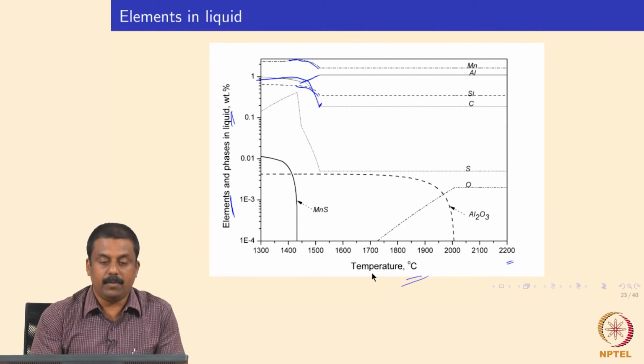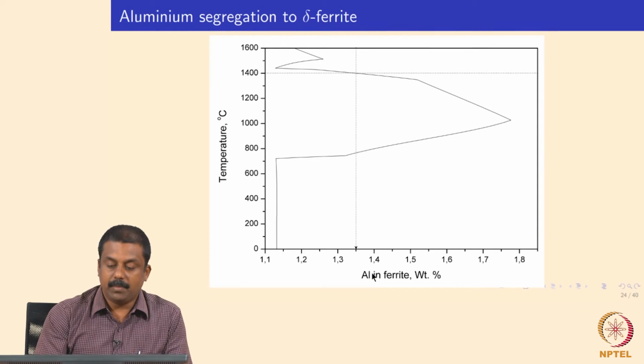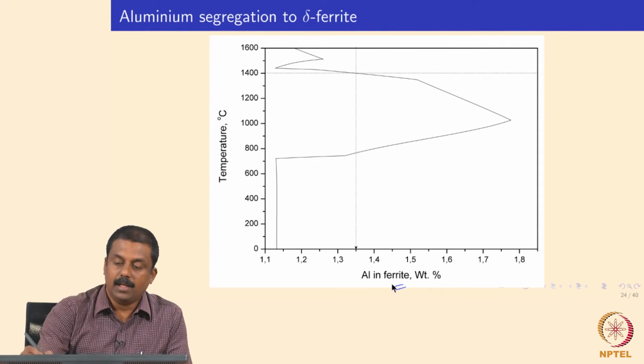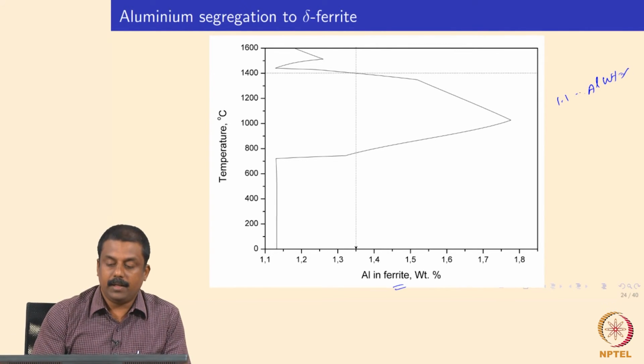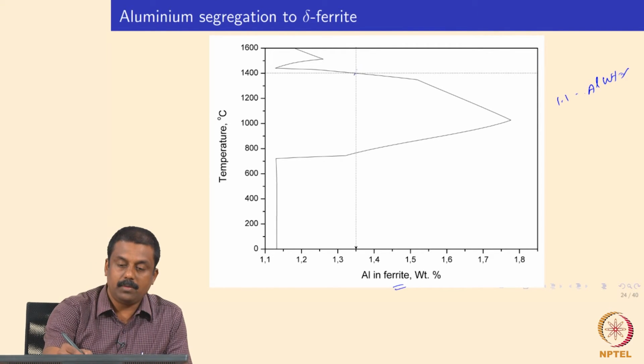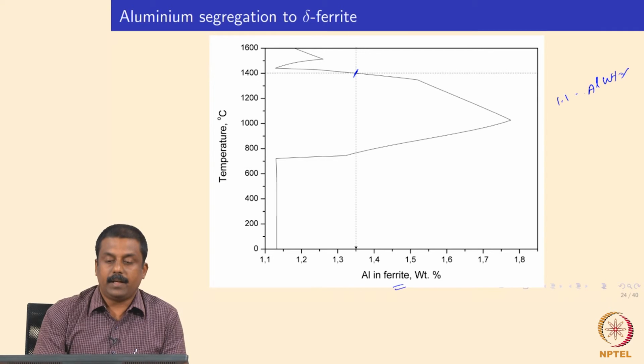For example, if you look at the maximum aluminum concentration in ferrite, for a given bulk aluminum concentration of 1.1 to 8%, when solidification happens it can go as high as 1.2, 1.3 in delta ferrite.